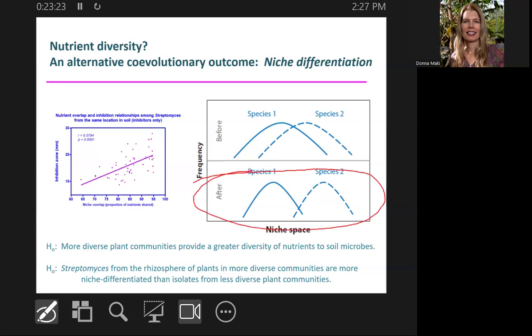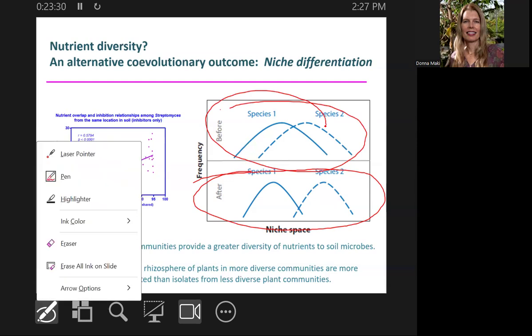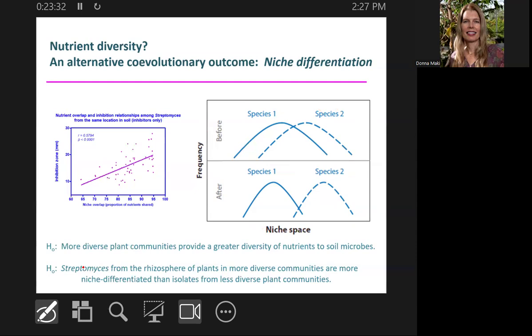Here you have niche overlap on the top and niche differentiation on the bottom. So if you have a plot of plants with high diversity, all those 16 different species, the hypothesis is that those bacteria are able to do niche differentiation.